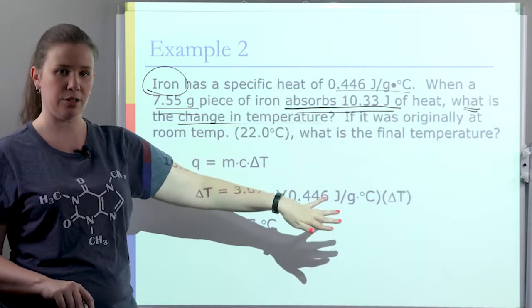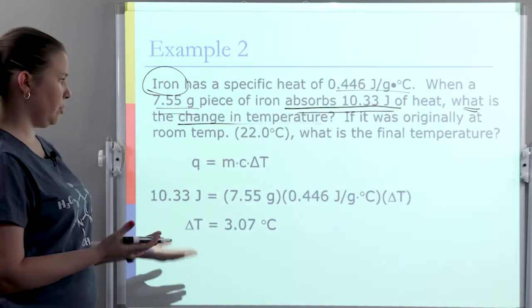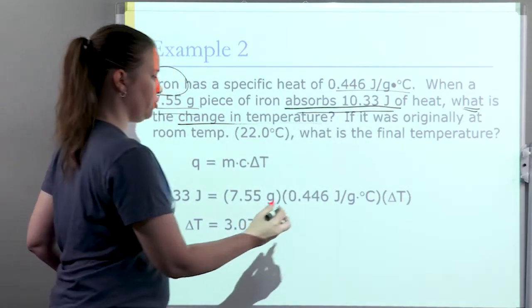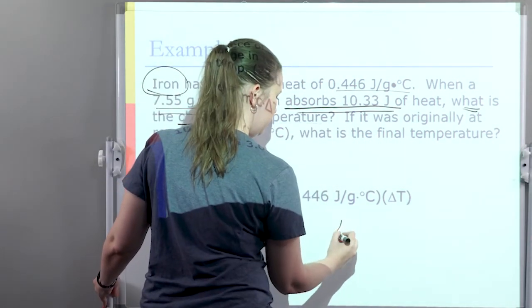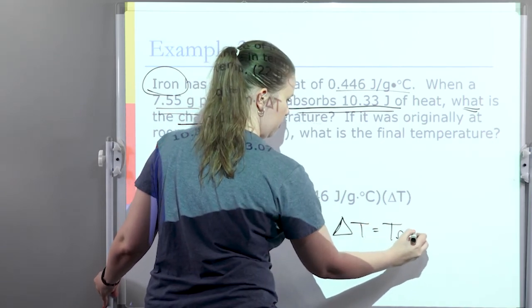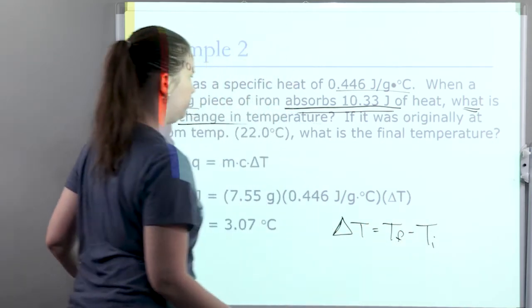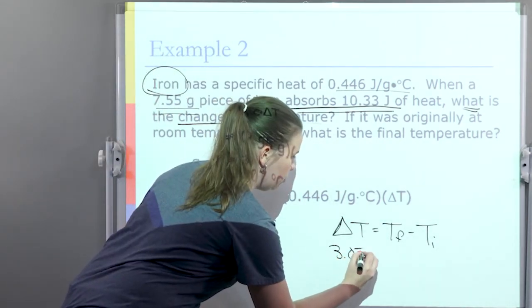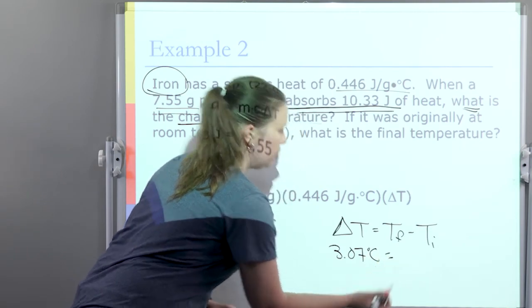Now we still have one more question to answer. What is the final temperature based on that temperature change? So this is essentially using the delta T formula. Delta T equals T final minus T initial. And the delta T, we can plug in on the left to be 3.07 degrees Celsius.